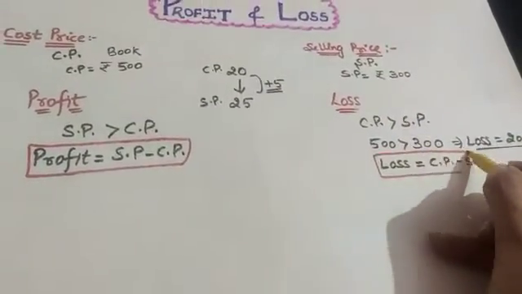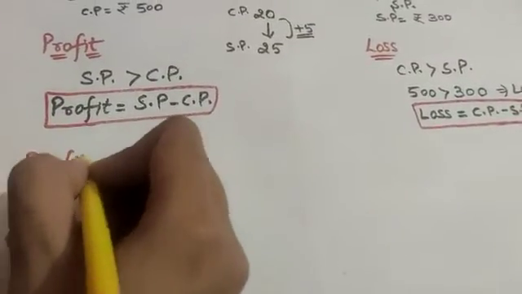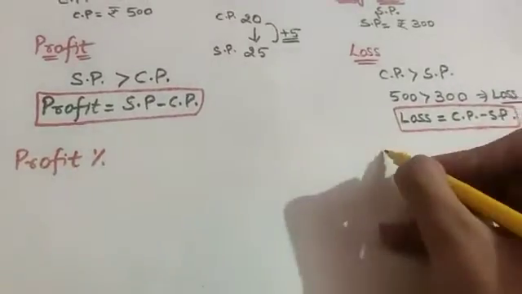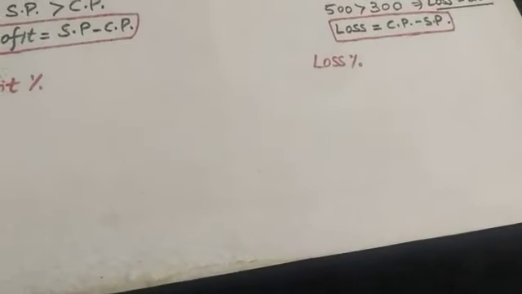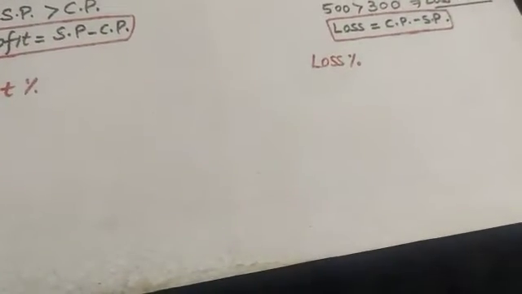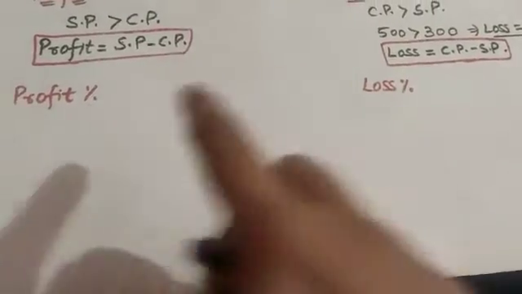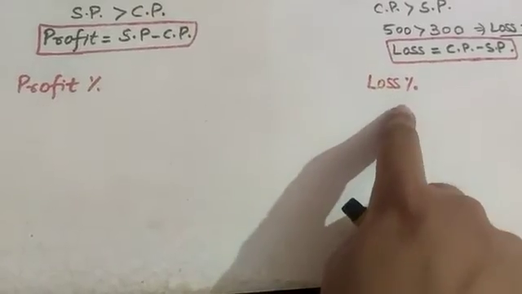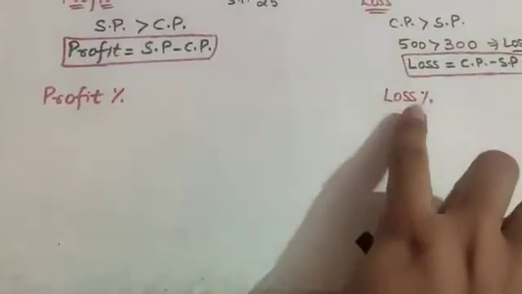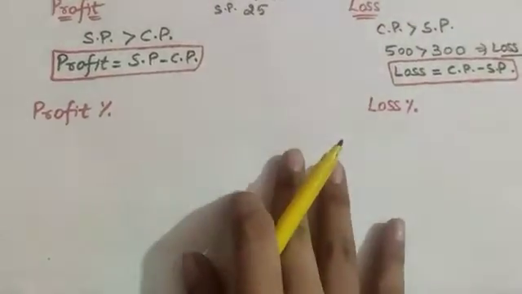Now we will go to the other concept, that is profit percent and loss percent. The first very important thing is that the profit percent is the profit made on the CP and the loss percent is the loss made on the CP. That means both profit and loss percent are always calculated on the cost price.